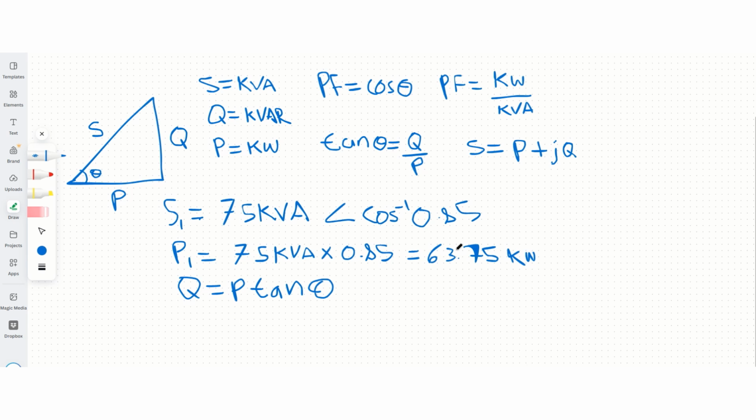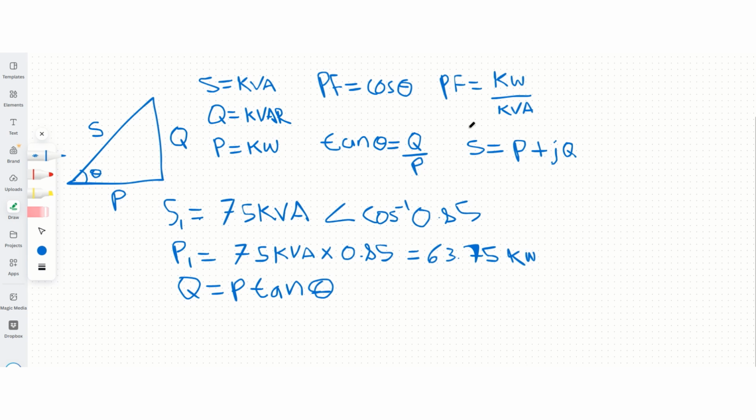In order to find this angle, we will have to find the inverse of your power factor.